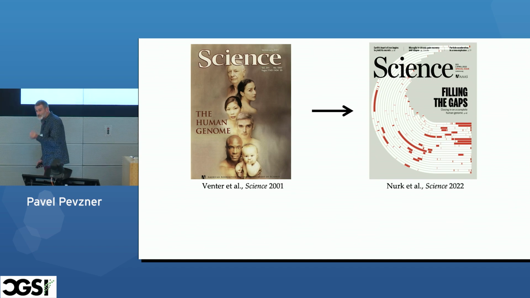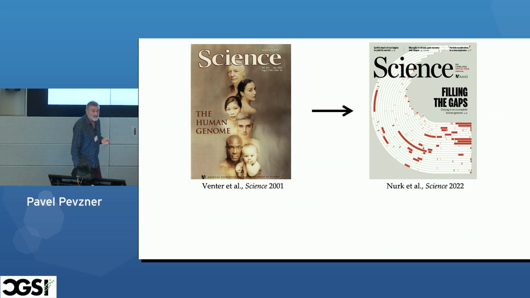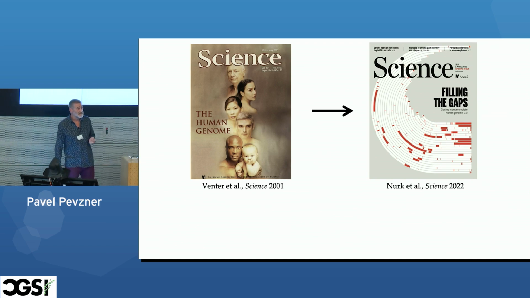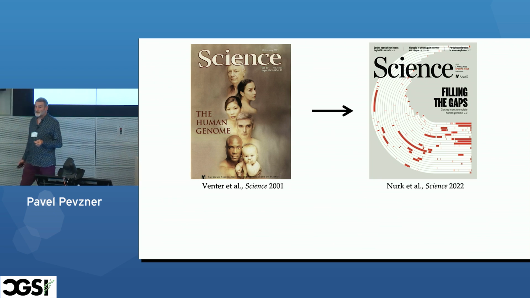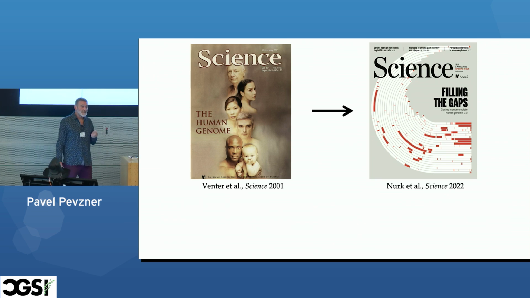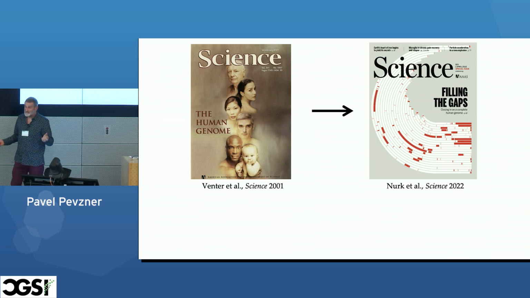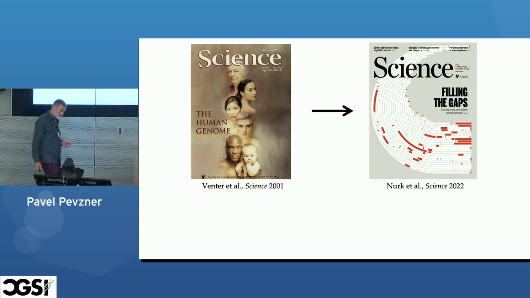As it turned out, many people in the bioinformatics community, particularly in the telomere-to-telomere community, realized that we were wrong. There are many interesting and biomedically important regions for which we have no clue how to compare them. As a result, we have no clue how to do association with diseases, for example.